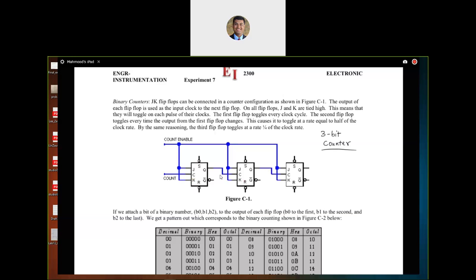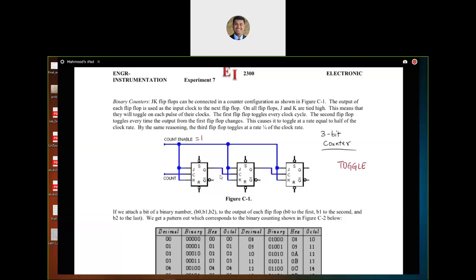So let's say if I want to enable the counter, I would set count enable to 1 because I want this to count. And if I set this to 1, all my flip-flops are going to be in the toggle state because all J's and K's are 1.